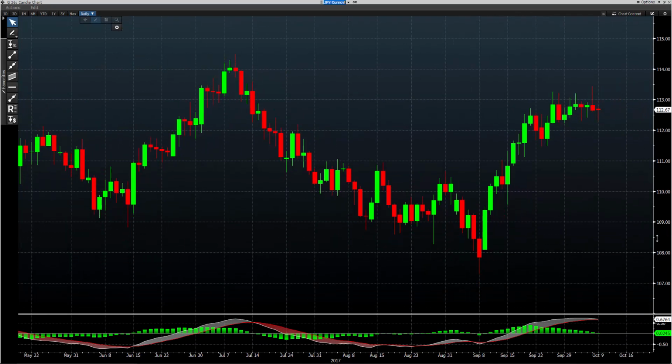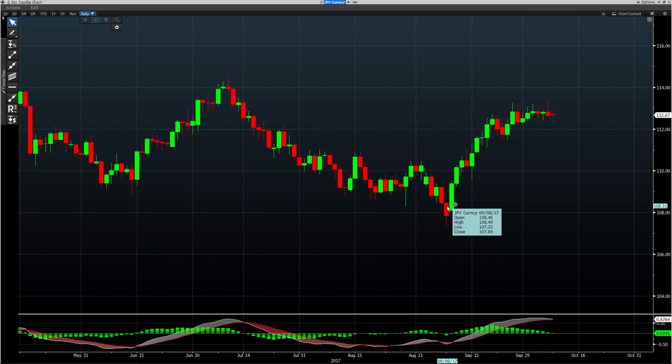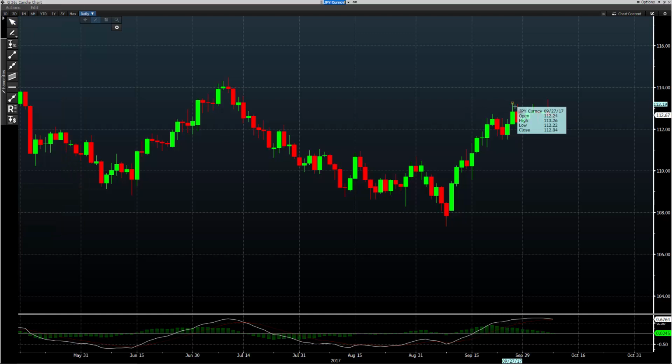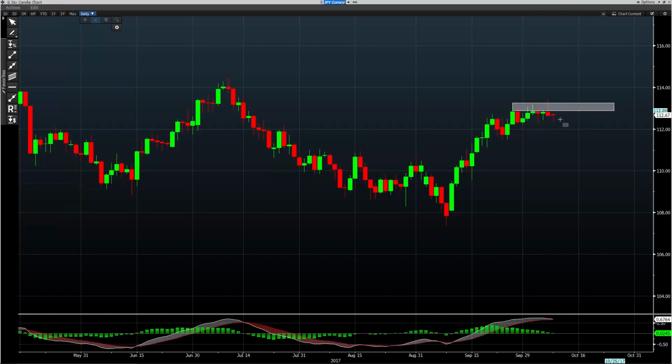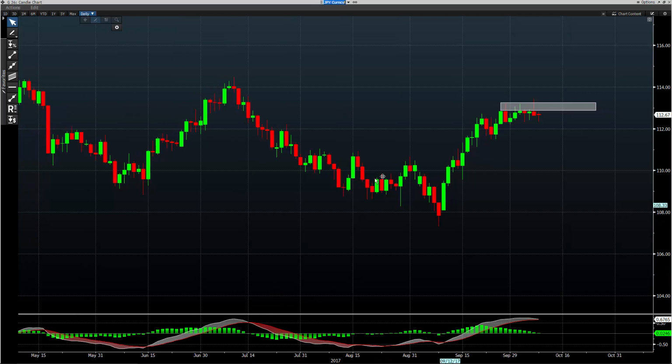Here's dollar yen on a daily chart, and here's the September 8th bottom I was just referring to. The market has done nothing but increase since then. The problem is that since late September it hasn't been able to make new highs and sustain them. So now the sell side is getting, not the upper hand, but certainly holding this top edge.